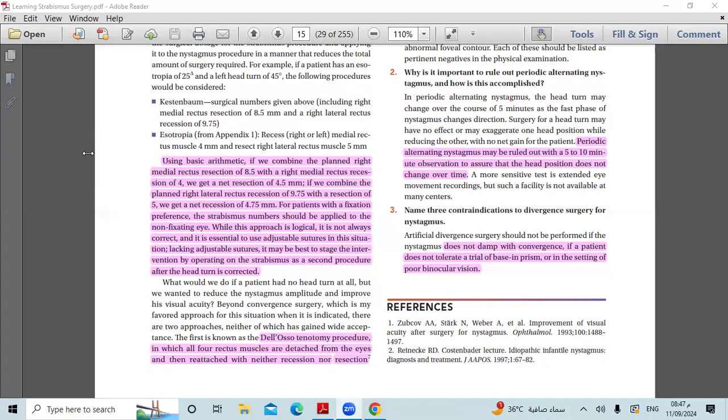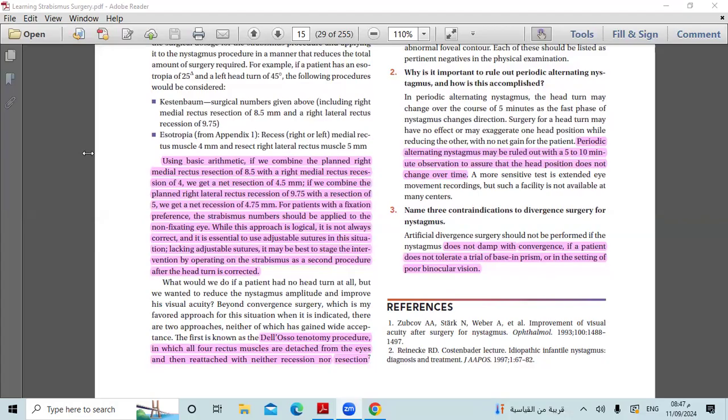It should be narrower, because of the insertion of these muscles behind the equator of the eye. Part of the action of these muscles is to protrude the eye outward, and after you perform a tenectomy, this action is lost, leading to enophthalmos.